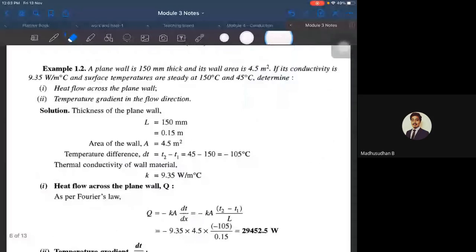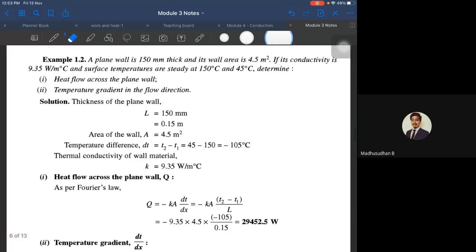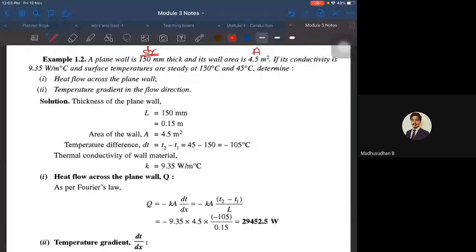The plane wall is 150 mm thick and its wall area is 4.5 meters square. That means he has given the value of dx, which is the thickness, and the value of A, the area. If its conductivity is given, he has given the value of K, which is 9.35 watt per meter degree Celsius.